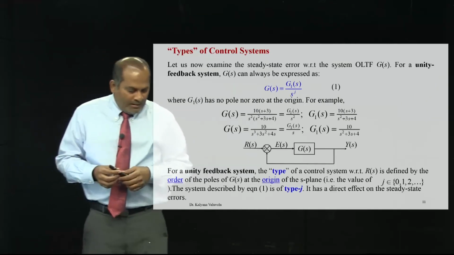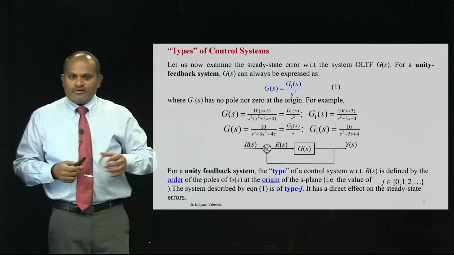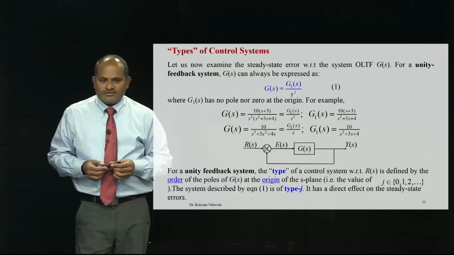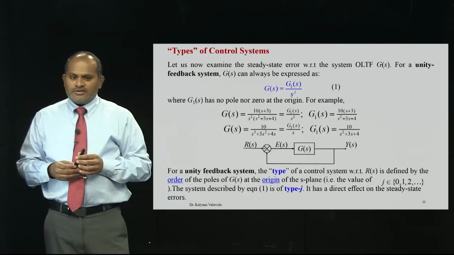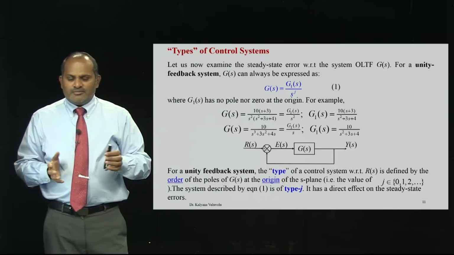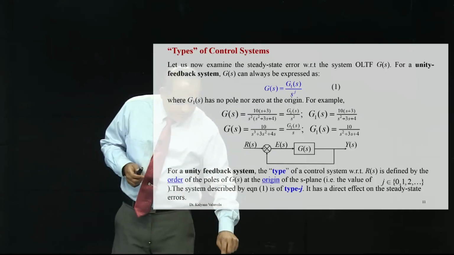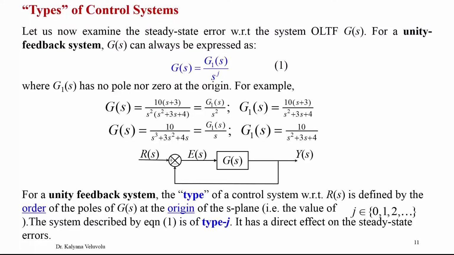Now, let us go into one important aspect, what we call types of control system. This is slightly different; we haven't gone through this kind of concept. So, what is type? It's very simple. The type of a system depends just on how many poles you have at the origin.